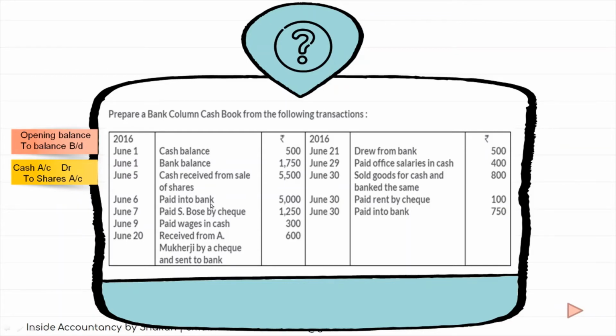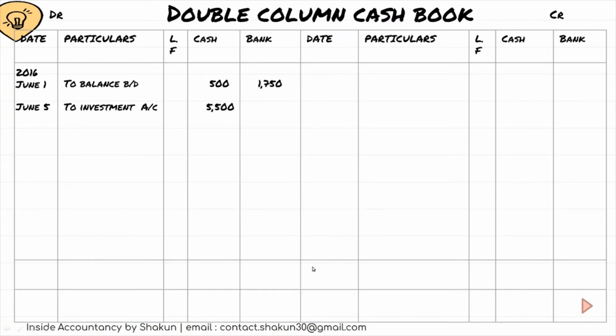What have we paid? We have paid cash into bank. So our entry would be bank account Dr to cash. So bank is being debited and cash is being credited. So how will this entry be recorded? On the debit side, we will debit bank in the name of cash. So you can see on the debit side, we will write to cash and the amount under bank.